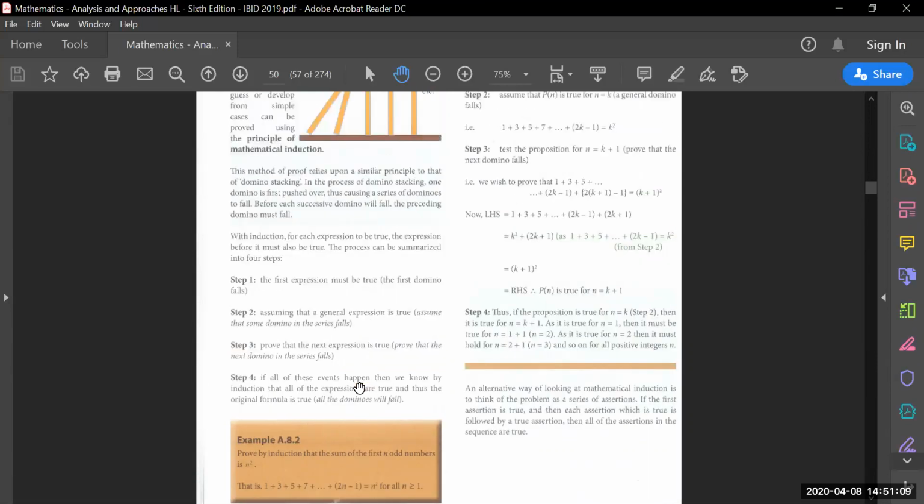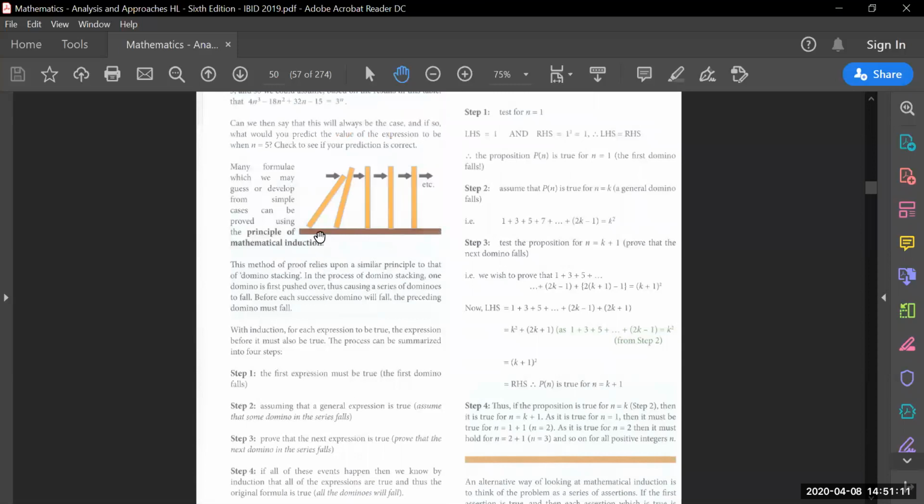So relating it to the domino concept, we need to show that every single domino piece will topple from the very first piece. So when the first piece topples, we now want to show that the second piece topples, the third piece topples, the fourth piece topples, right? In the form of dominoes, it is easy to see. You just push the first one, then you just follow the trail.